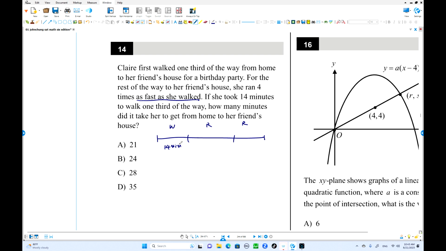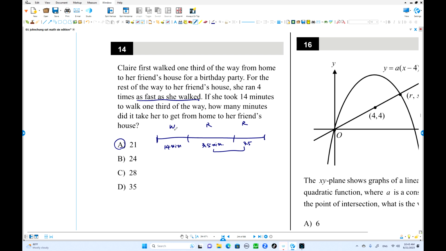But run is 4 times as fast. 4 times as fast means the time will be about 1/4, right? So when you divide by 4, that is about 3.5 minutes. This also is 3.5 minutes. So total is 7 minutes plus 14 is 21 minutes. Okay, it takes 21 minutes.